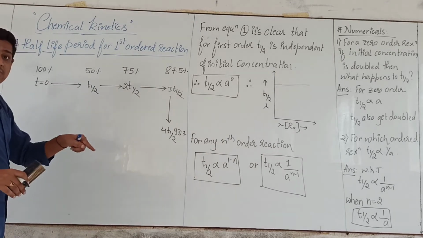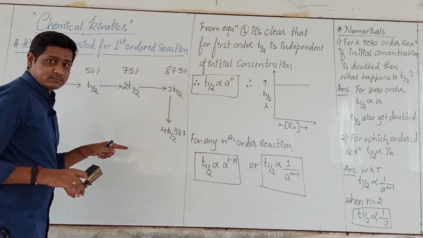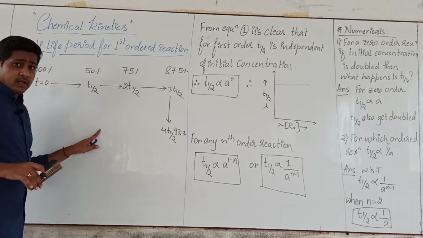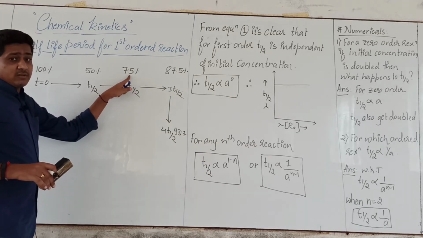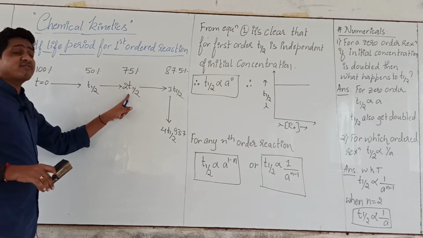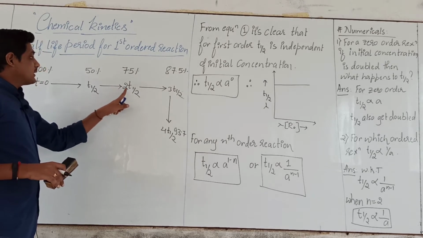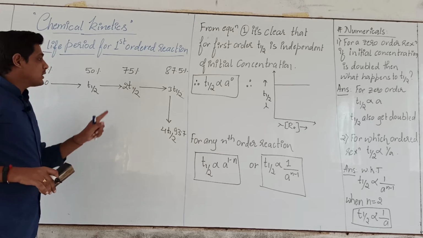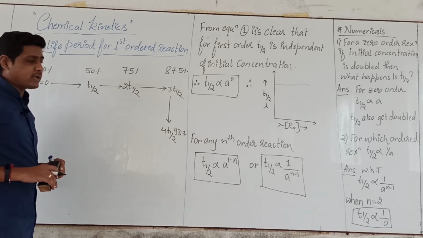In the questions they will ask what is the time required for 75% completion of the reaction, and they will give you the half-life period of that reaction. Then how do we calculate? It is 2 times the half-life that is the time required for 75% completion. That we will see.